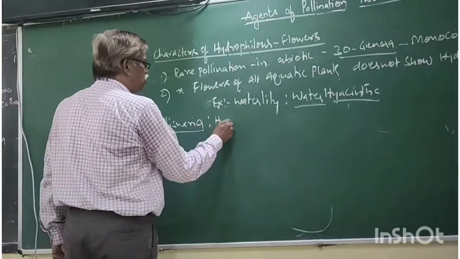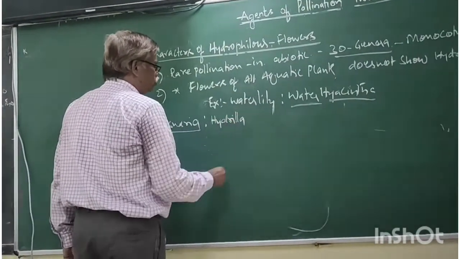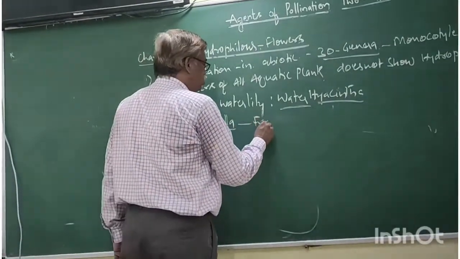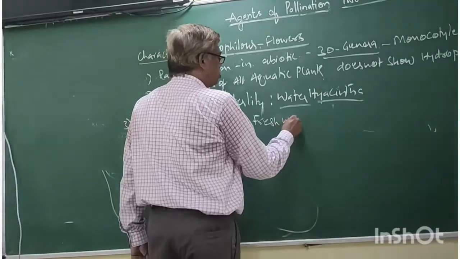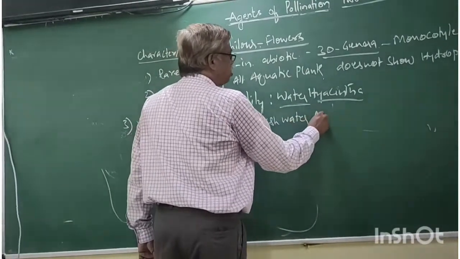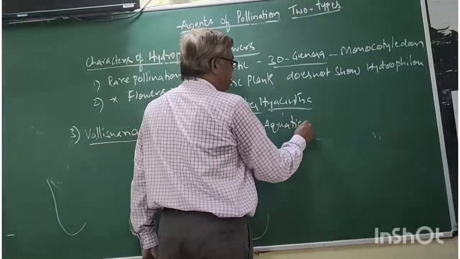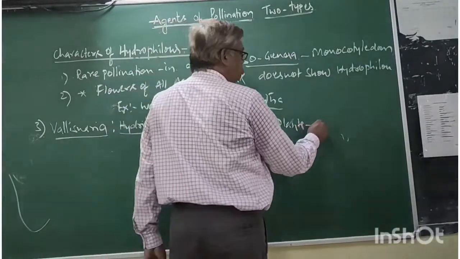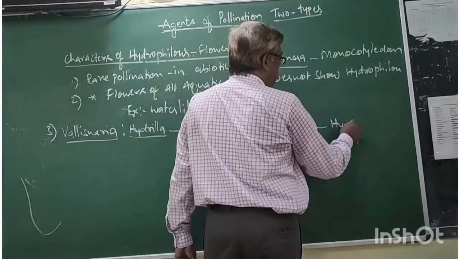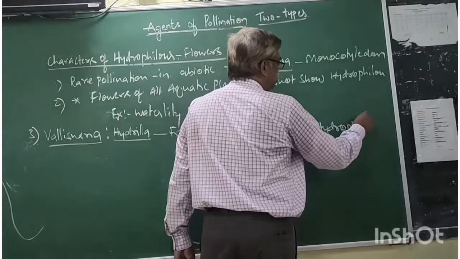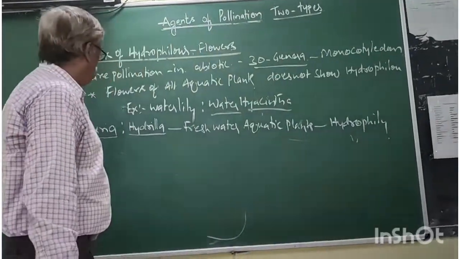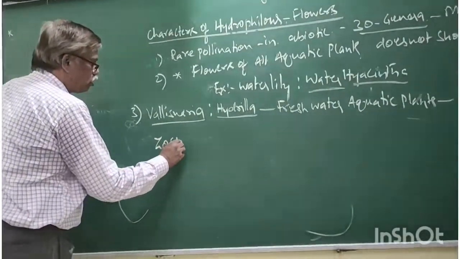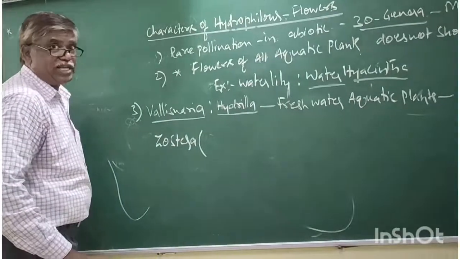Hydrilla. These are freshwater aquatic plants which show hydrophily. Right. Zostera, which is called seagrass.